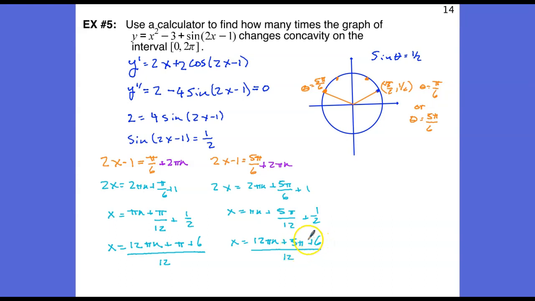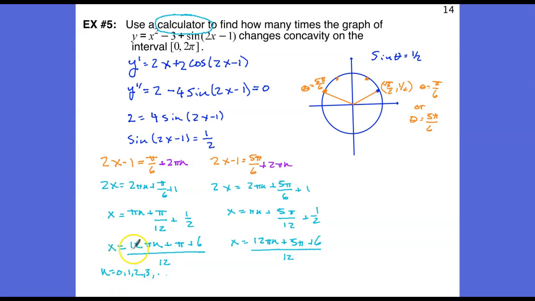And this is the part where you get your calculator out. We did all of this work, and now it's time to use the calculator, because n is equal to 0, 1, 2, 3, and so on and so forth.